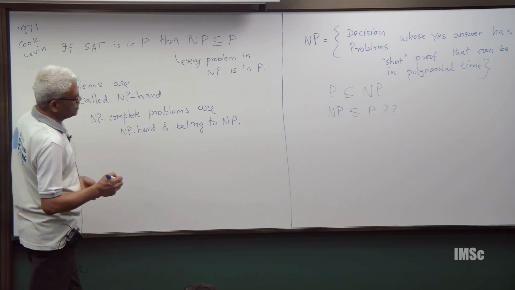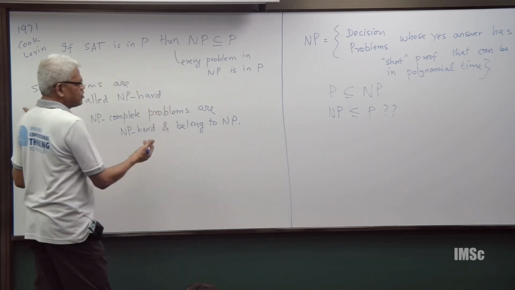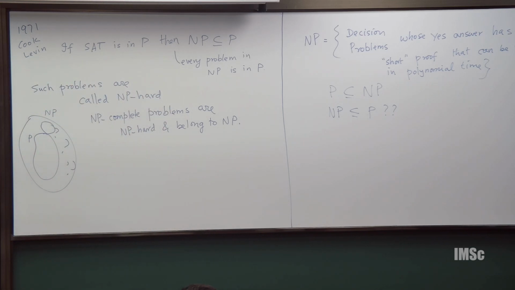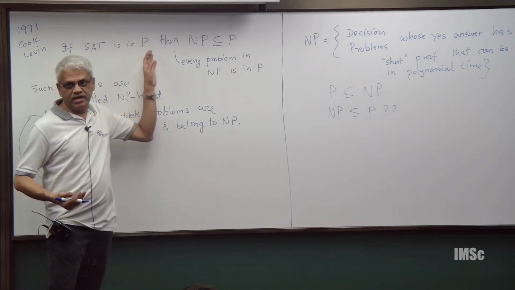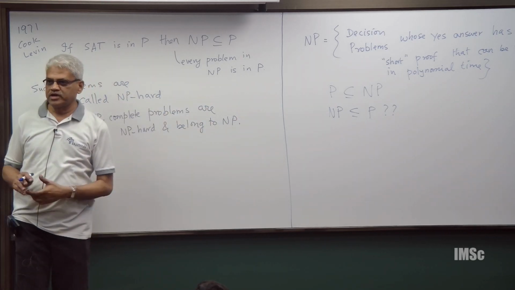it is believed now that there are thousands of problems which are NP hard. What does NP hard mean? Essentially, it means this: if that problem is in P, then every problem in NP can be solved in polynomial time.